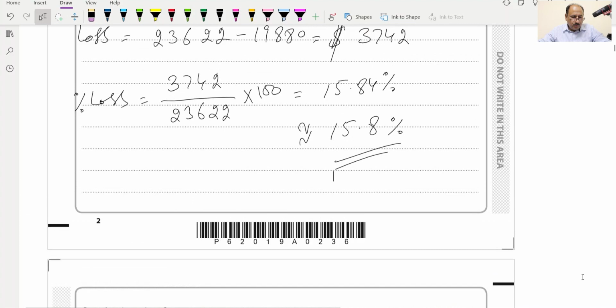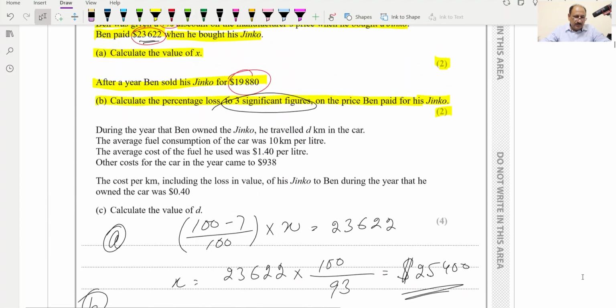Now we can go through C part. C part says during the year that Ben owned the Jinko, he traveled d kilometers in the car. The average fuel consumption of the car was 10 kilometers per liter. The average cost of the fuel he used was 1.40 per liter.